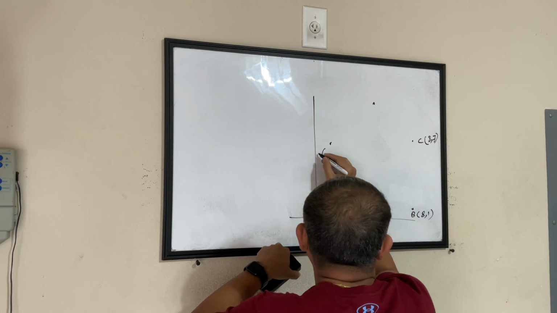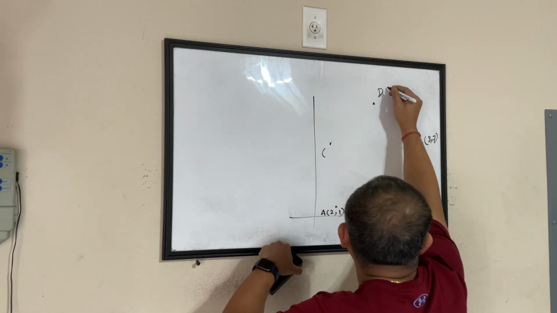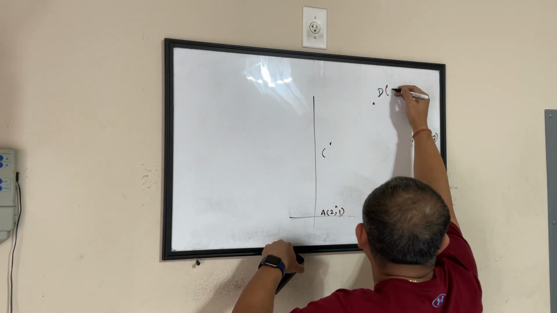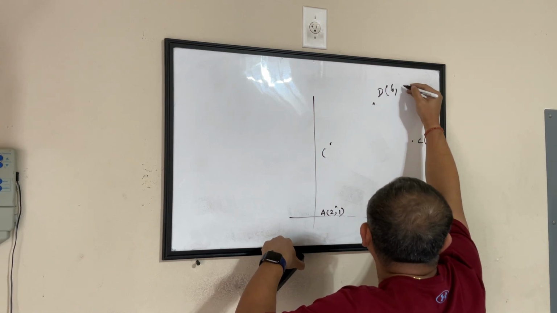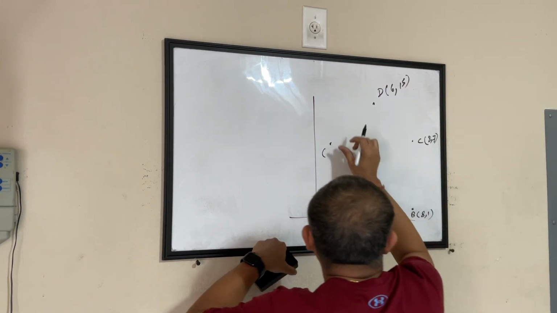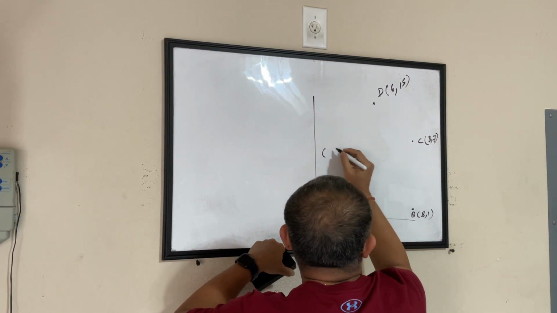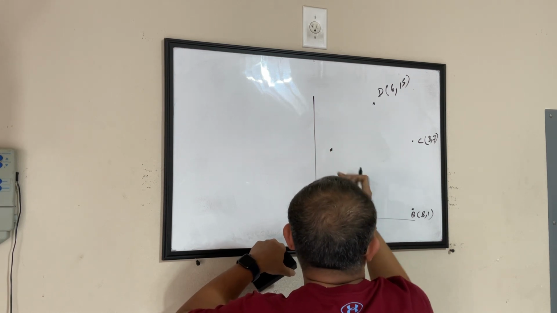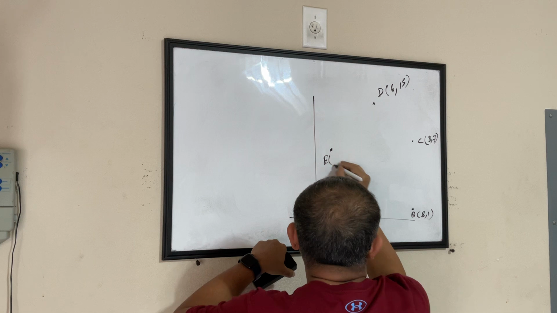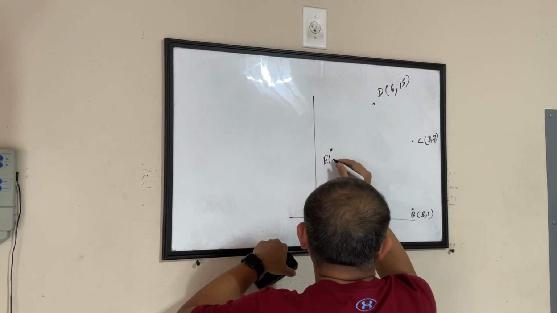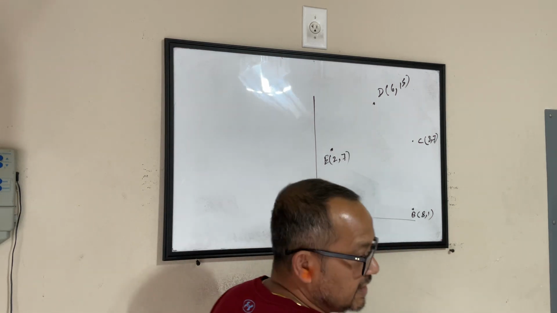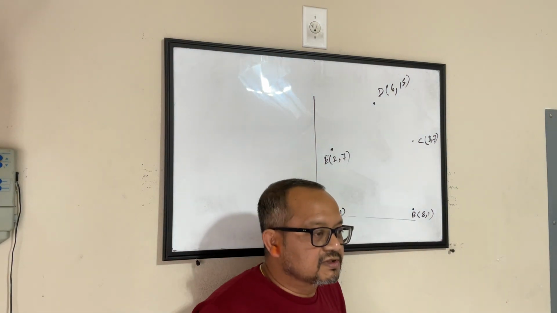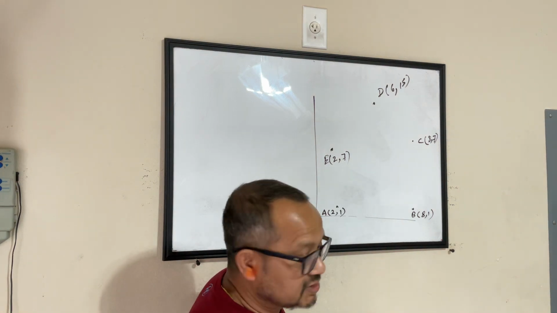This is the D point, which has coordinates, let's say 6, 15. And this is the fifth point E, which has coordinates 2, 7. I am saying find out the area of the shape which is joining all these 5 points.